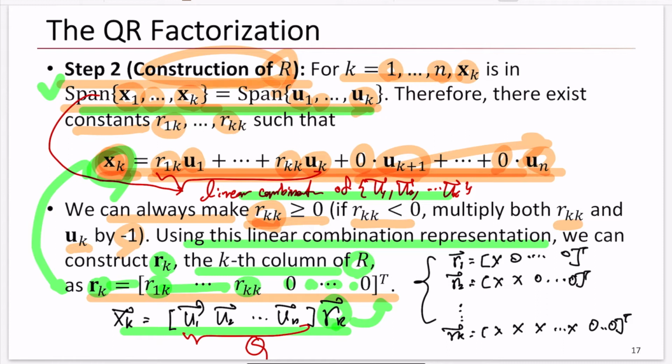Then we have to construct the matrix R, because the span of x1, x2, ..., xk is equal to the span of u1, u2, ..., uk.